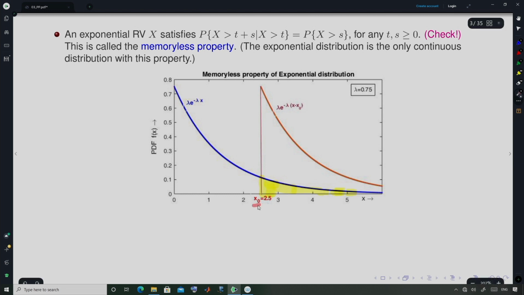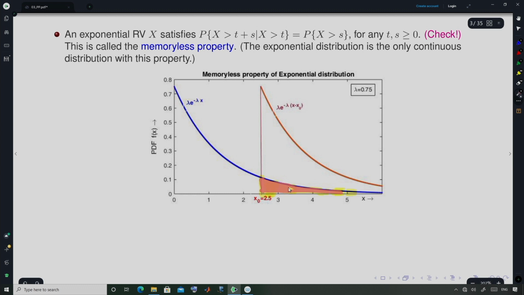Now, if I pick an x naught, where my t is x naught, and x naught plus x is what you are looking at further, then that would be the conditional quantity. If you have passed up to time x naught, the future is essentially this portion.